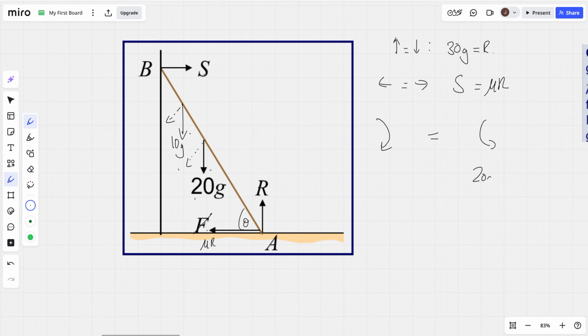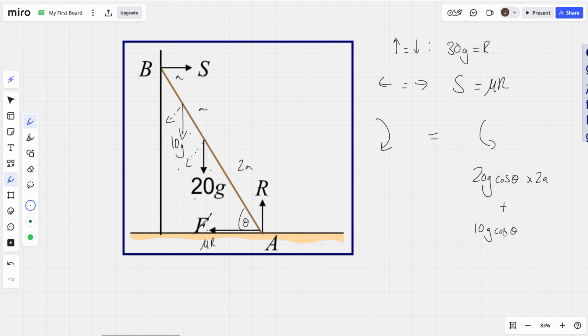So what is that? That's a 20G cos theta, and then that would be 2A. So the distances we said, let's call it 2A and A and A. So that would be 20G cos theta times 2A. And then the other one would be 10G, because it's kind of doing the same thing. You can copy a lot of the stuff here.